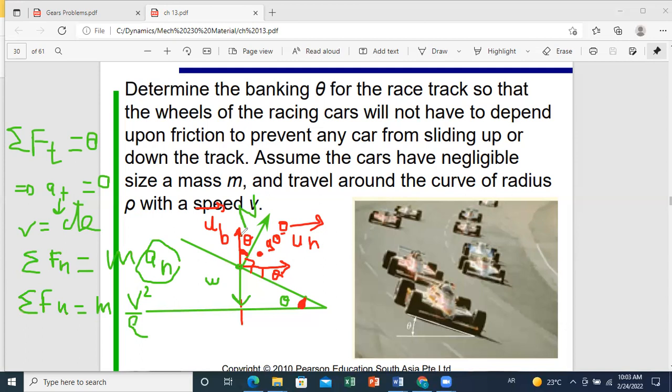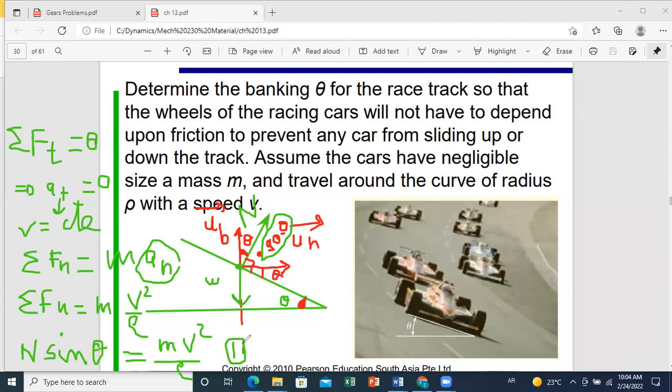The weight is perpendicular to UN, zero projection. The normal makes with UN an angle of 90 minus theta. So I can write N cosine 90 minus theta, or N sine theta. So I can write that N sine theta is equal to mV square over rho. This is equation number 1.